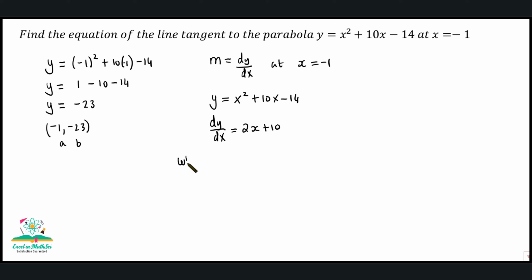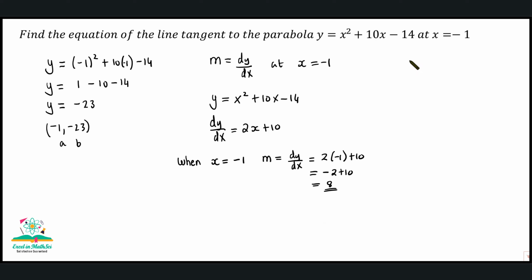So when x is equal to minus 1, m is given by dy by dx, which is 2 times minus 1 plus 10. So that'll be minus 2 plus 10, which is equal to 8. So my gradient is 8.